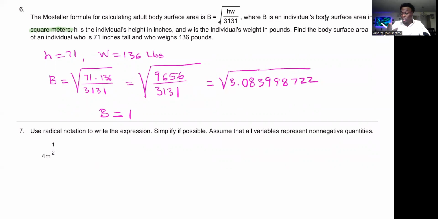I round to two decimal places. So remember, I said I find 1.7756, and I don't care about these other numbers. Round to the nearest number, that is 1.78 square meters.